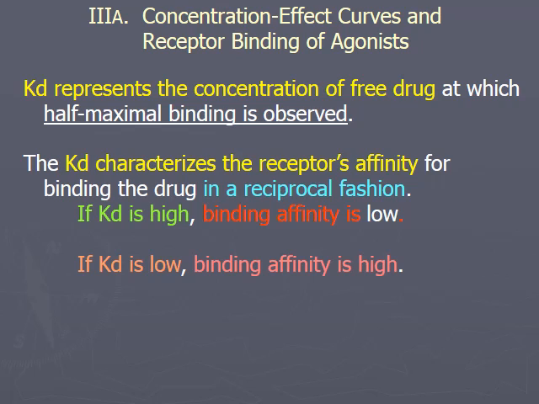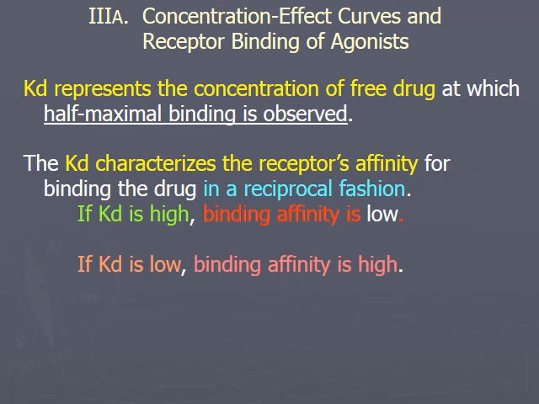Now, do you remember I said EC50 reflects potency of a drug? Kd represents affinity of a receptor for the drug, how tightly the drug binds. So if a Kd concentration is high, it means it binds with low affinity. I need a lot of drug to bind half the receptors.